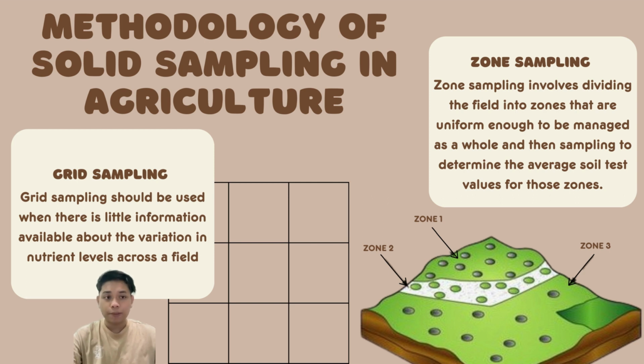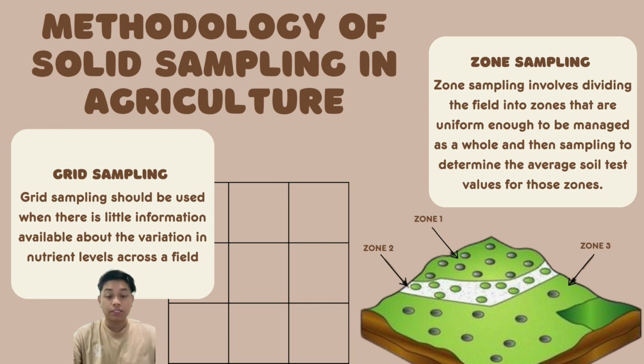Proper grid sampling makes it possible to identify variation within a field and is an important data layer when determining future management zones for fertilizer application.